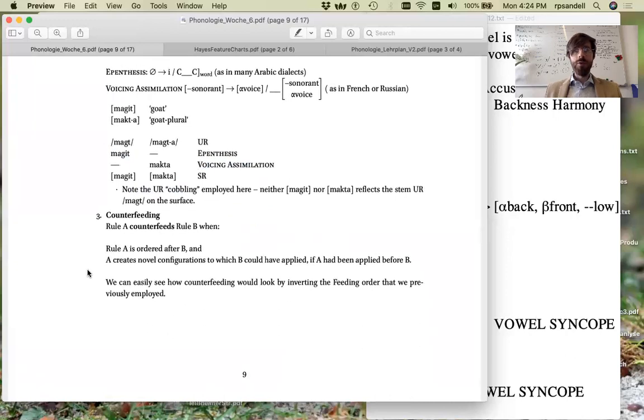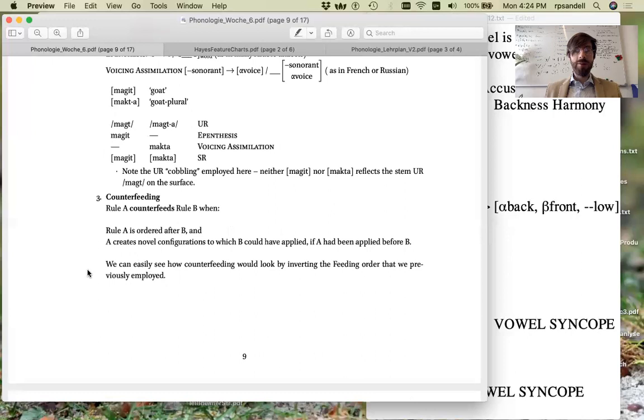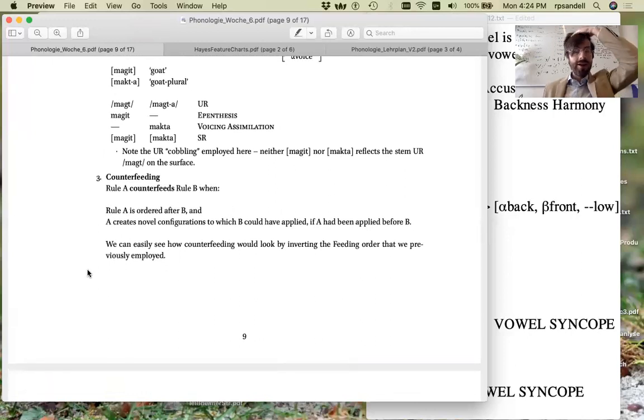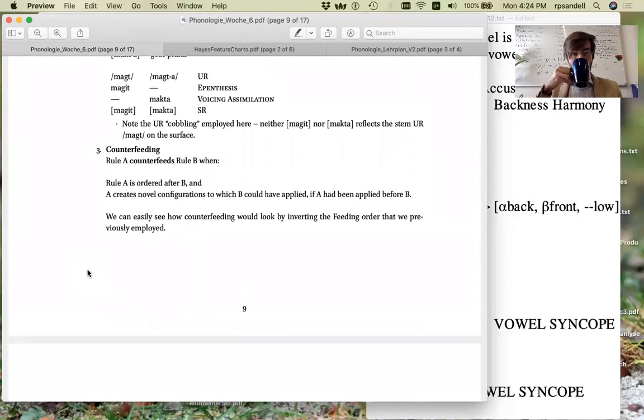Now we can come to the two sometimes more confusing, sometimes more difficult types of rule ordering because they involve contrary to fact thinking. We'll discuss counterfeeding first and then look at an example of counterbleeding.